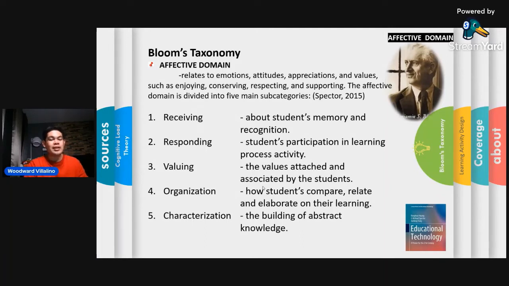So basically, organization is how students compare, relate, and elaborate on their learning and how they organize thoughts. And lastly, number 5 is characterization. Students can build abstract knowledge. So let's remember that in the affective domain, characterization happens and they build abstract knowledge.